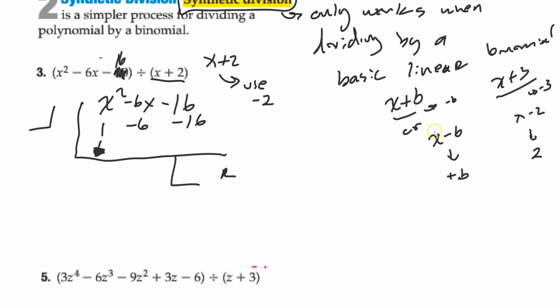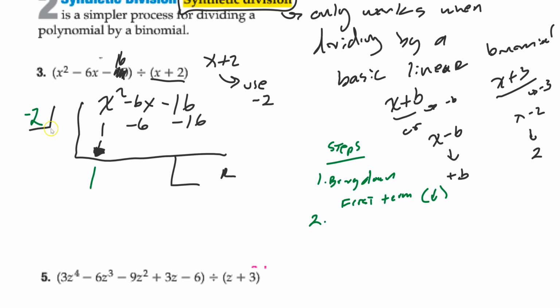Here are the steps. Bring down the first term. That's why I have the arrow. So we're going to bring that 1 down. And I forgot to put the negative 2 right here. Then we're going to multiply across.